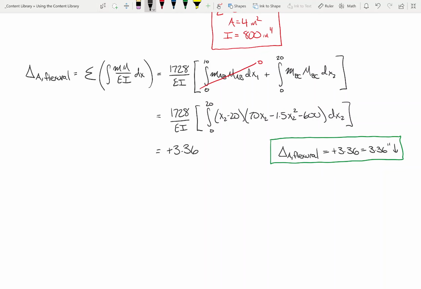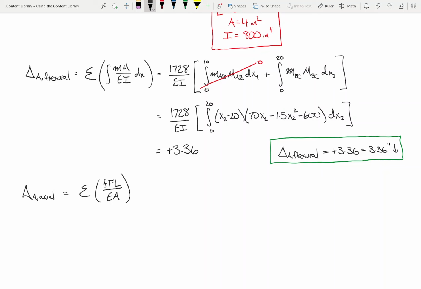Okay. Well, the axial effects, I'm going to predict this way. Now, some of you might be asking, well, wait a minute, why are you using this and not an integral? Because all the f terms are constant, right?